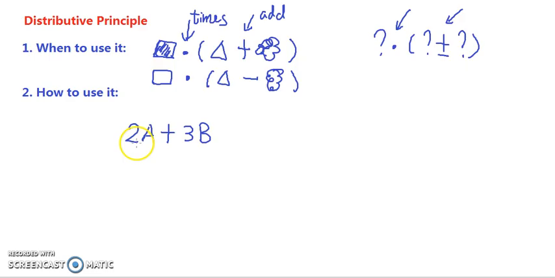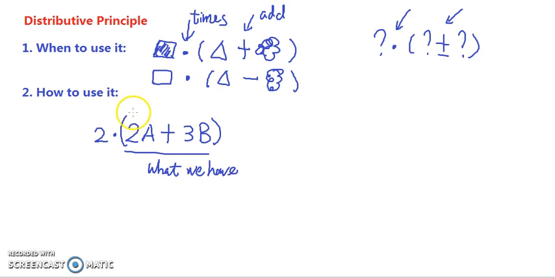And suppose we want to double what we have. Double means 2 times, so we put a 2 times what we have. So what do we have? Not just the 2 apples, not just 3 bananas, we have both of them. So what we have, we got to put inside the parentheses.